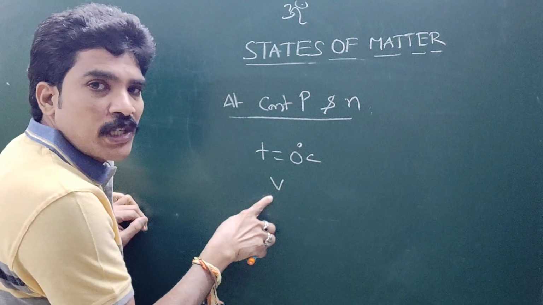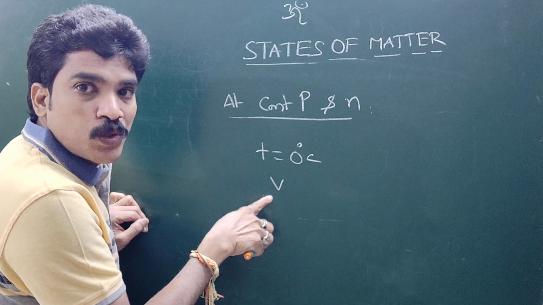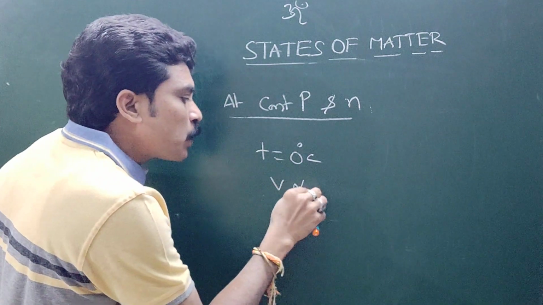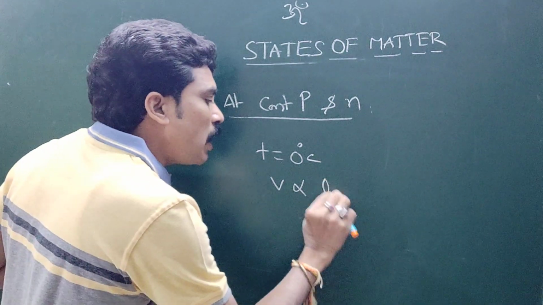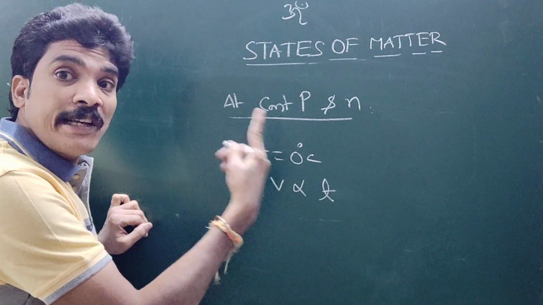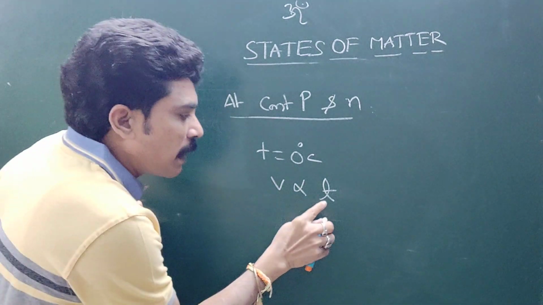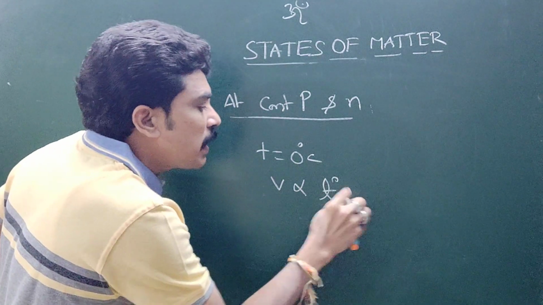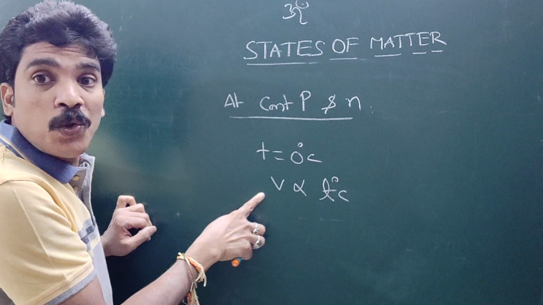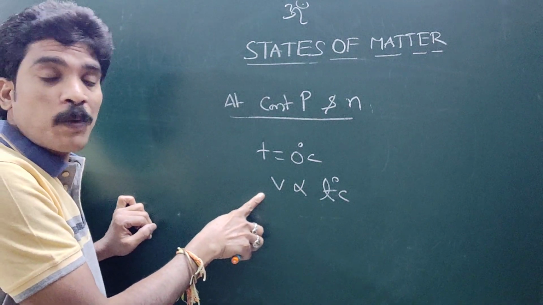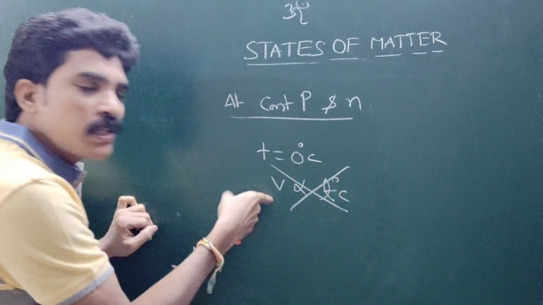The majority do it like this: V proportional to small t. When temperature increases, volume increases. Yes, that is correct, but when the temperature in the Celsius scale increases, the volume does not increase in direct proportion. This relation is wrong.